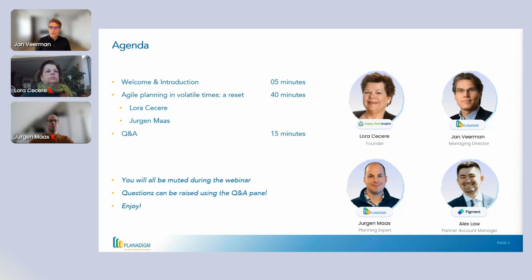Our employees, Planadigm Pigment, will be available as well as Lora during the Q&A to answer any questions that you might have. And there's one poll I want to start and get some feedback. The poll should be open right now, if you can see it.